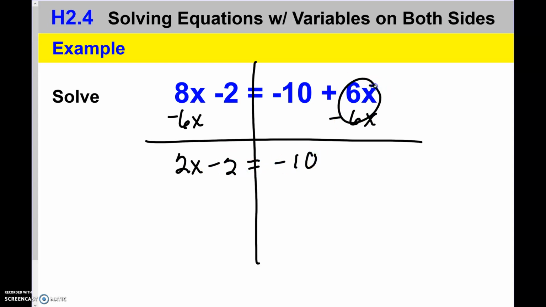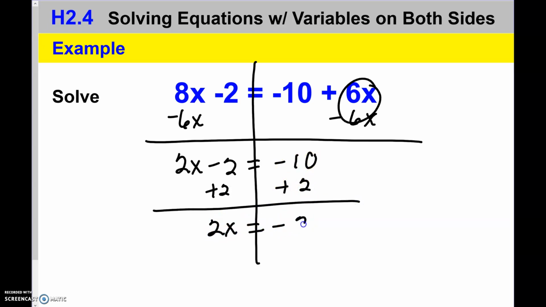Okay, this canceled out. So because that says negative 2, I'm going to add 2. Use your calculator so you get this math right. So negative 10 plus 2 is a negative 8. That says 2 times x. The opposite of times is divide. So x equals a negative 4.